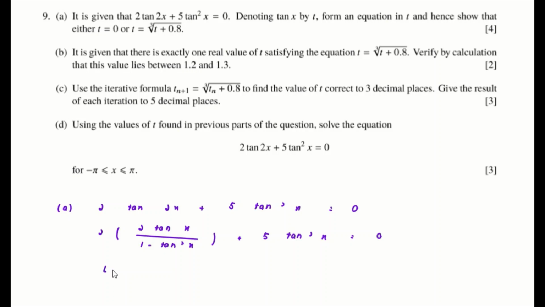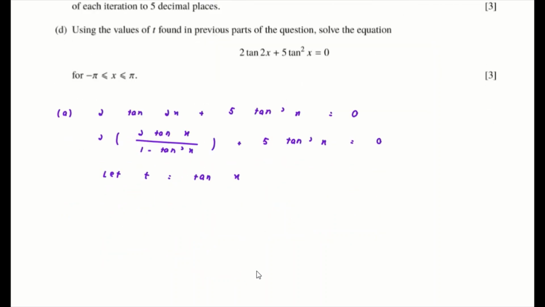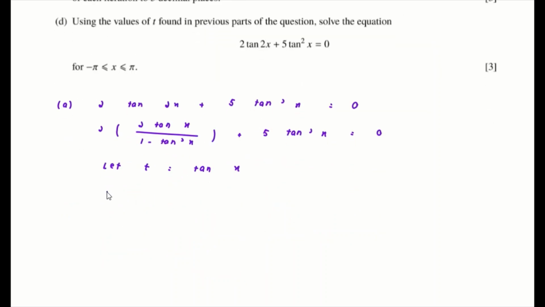So in this case, the question says let t equal tangent x, right? So we just change everything first, then we simplify together. So 2t over 1 minus t squared plus 5t squared equals 0. Okay, so in this case, we can multiply everything by 1 minus t squared.